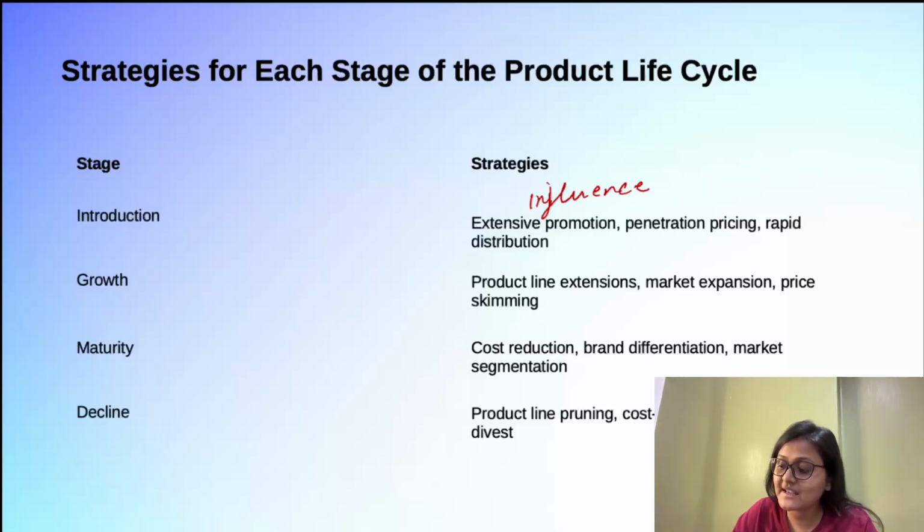Influencer marketing even takes place at this introduction phase, meaning that an influencer is going to show the launching of the product. It introduces the product to its followers, and the followers who are following that particular influencer are going to purchase that product. Then social media campaigns, all this is done to create awareness around the customers about the product.